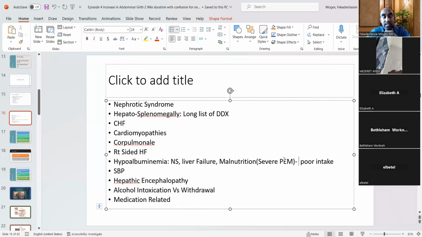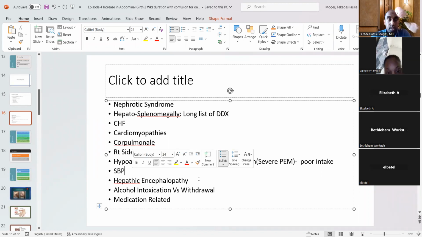And poor oral intake is still a possibility. Spontaneous bacterial peritonitis, we never know. Still a possibility, right? What about hepatic encephalopathy? It's still possible. He's confused.